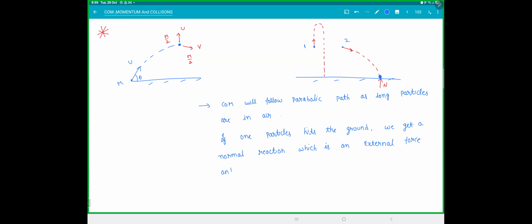Center of mass will not follow the previous path. It will start going in some new path. Therefore, we can't say the center of mass of the system will land at r comma 0. Clear with this?